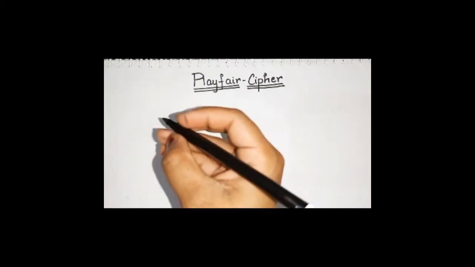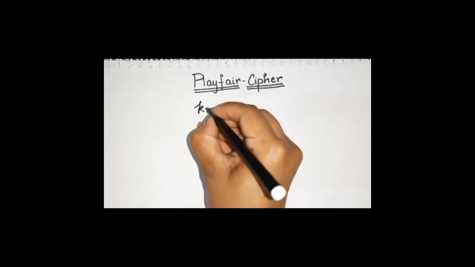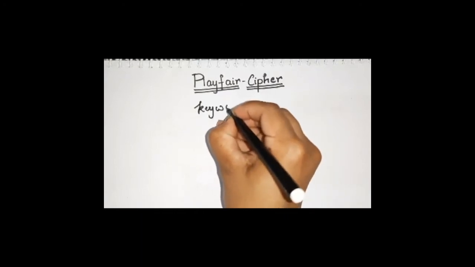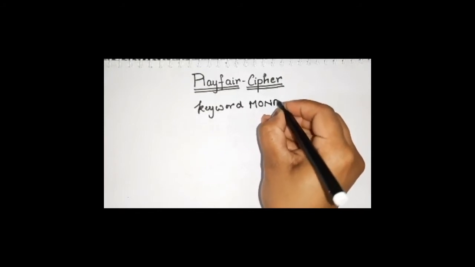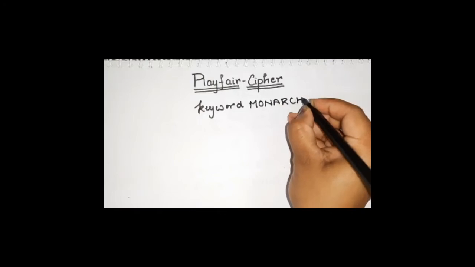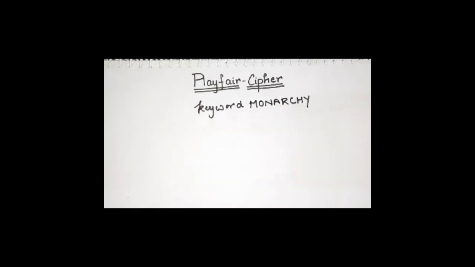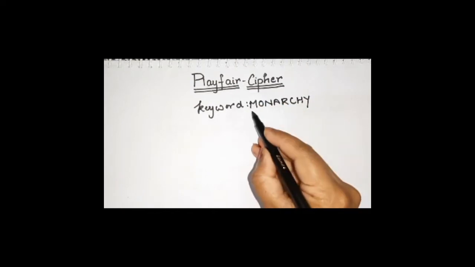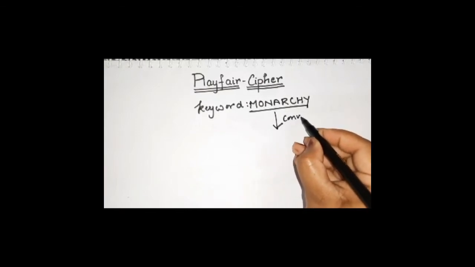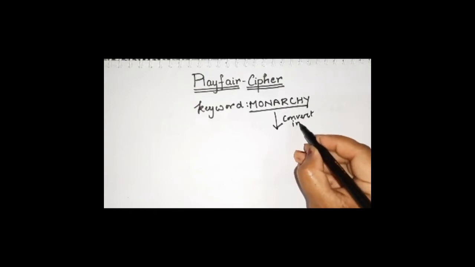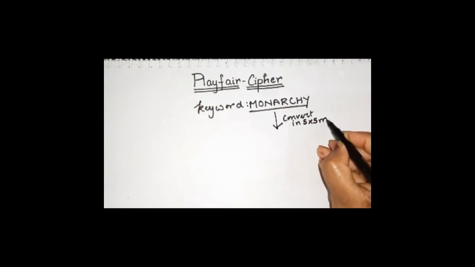Now today in this video, we are going to take the example of the keyword monarchy. Now using this keyword, I am going to further convert this into a 5x5 matrix.